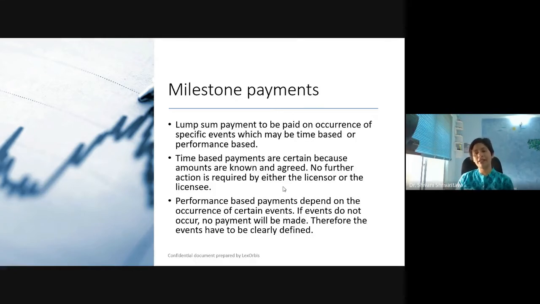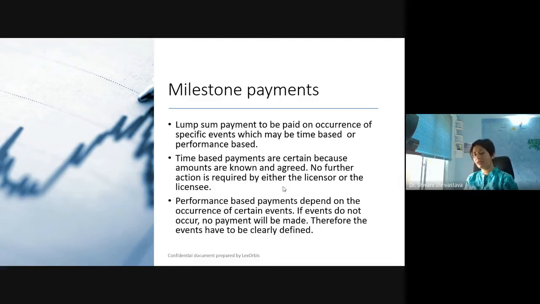Then every year the licensee would be paying something to the licensor, which is called time based payment. It is actually better from the licensor's point of view, because it's fixed. So no further action is required by either the licensor or the licensee.